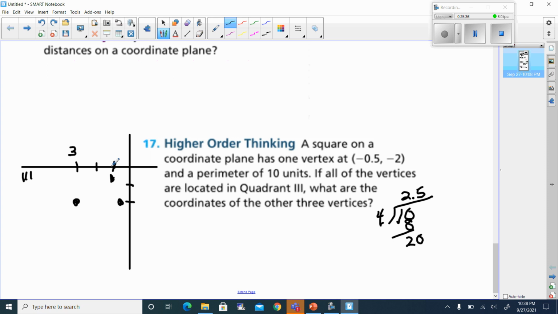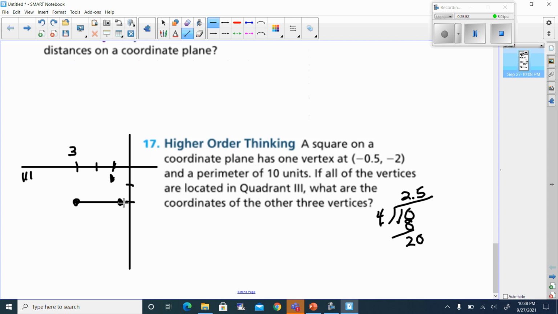Because this was half, then 1, and then 2.5 would be from there to there. That's what we said each side was. So now that I know this is a side and this is a side, I can connect them. They're both sitting right there at negative 2.